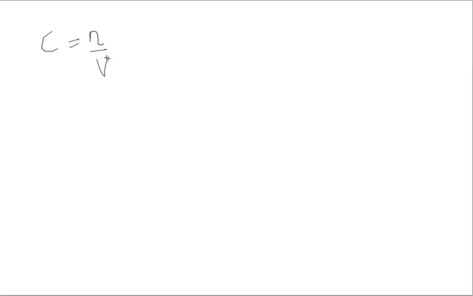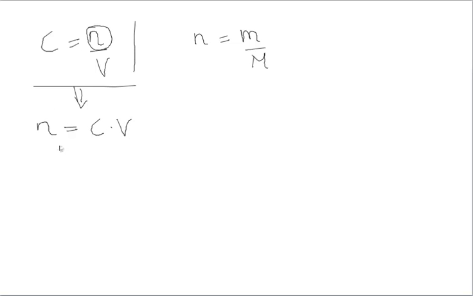You can also, in this example, combine the two formulas C equals N divided by V and N equals mass divided by molecular weight. In the first formula, where the concentration equals mole through volume, we can also calculate the N, or the mole.